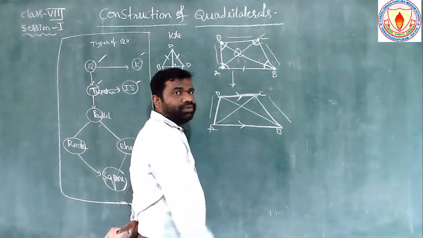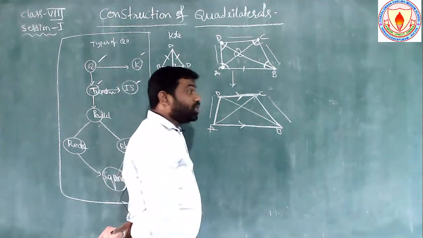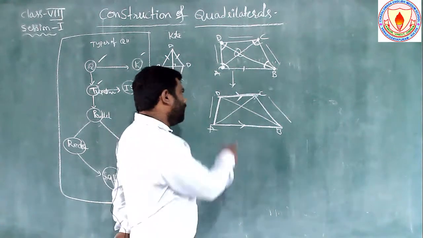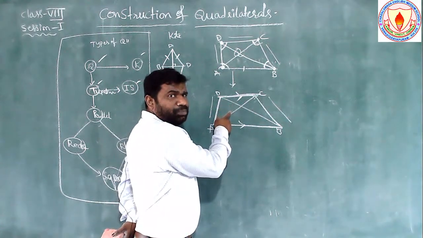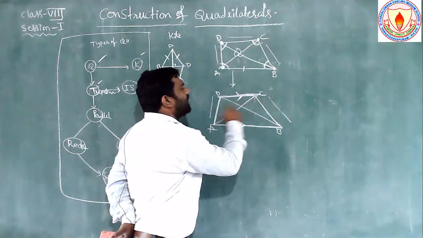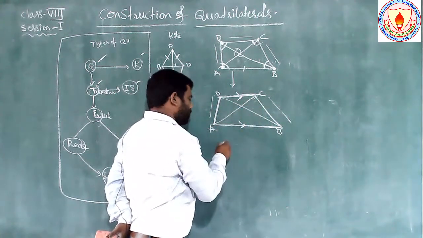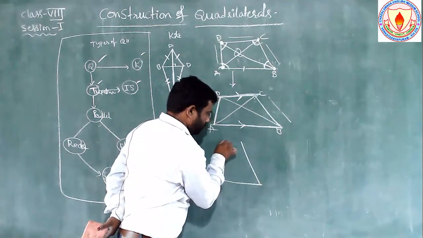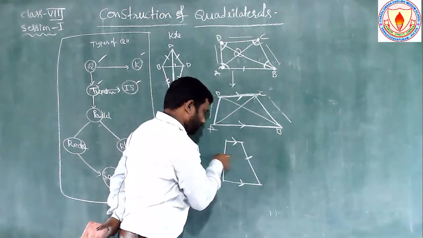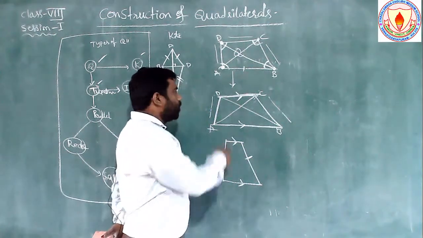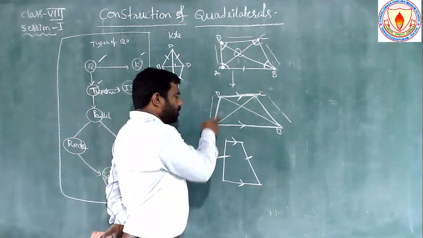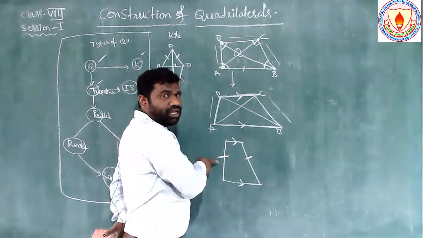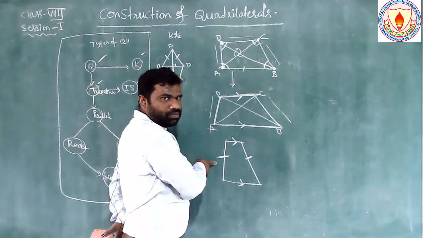Next, isosceles trapezium, derived from the trapezium. See how: in a trapezium, if the non-parallel sides, or legs, are equal, then the trapezium is said to be an isosceles trapezium.